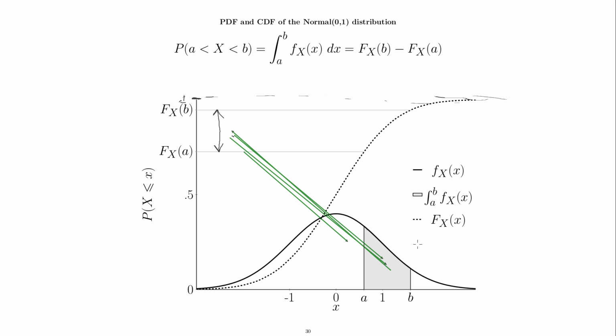This distance here and this area here, they're equal. And this is useful to know because sometimes it's much easier to calculate, or to look up, the cumulative distribution function values than it is to integrate this little f of x.